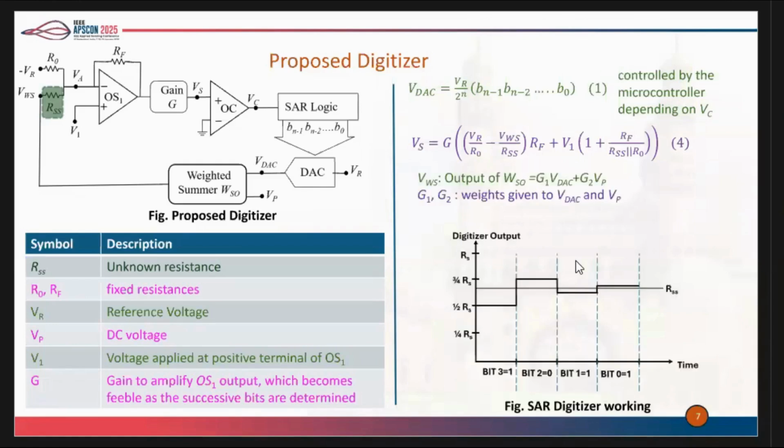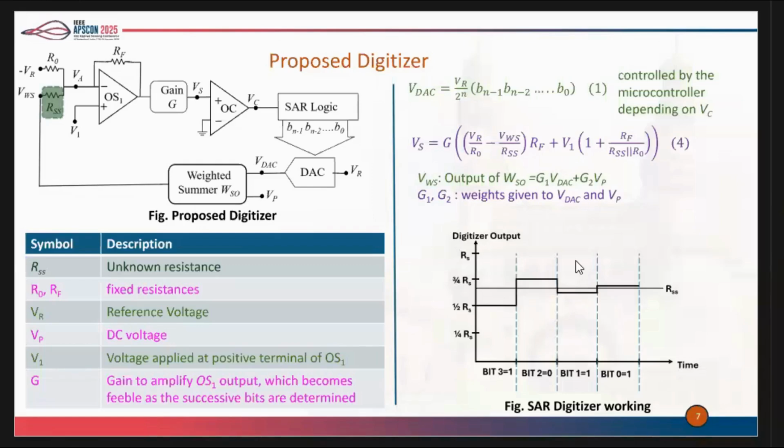So how this works is, suppose that our unknown resistance is RSS. As we determine the bits one by one, first the digitizer output will be something like this. Then at the next iteration, it becomes something like this.